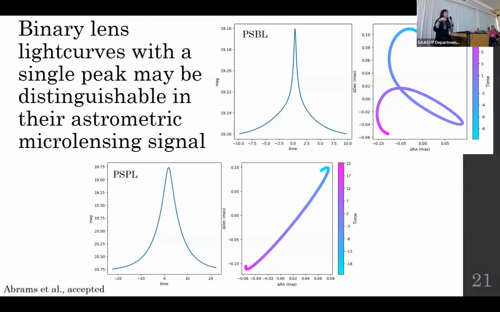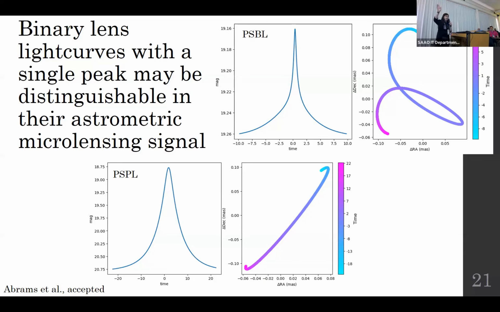We can also look at the potential of astrometry to help us with this. And you can see up here a point source binary lens, and down here is a point source point lens, where you may not be able to distinguish from the light curve the binary lens case.